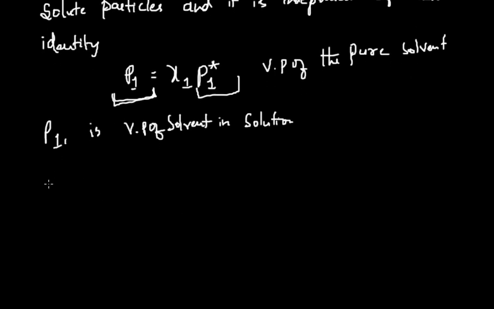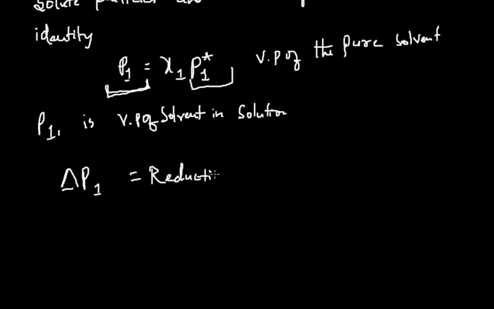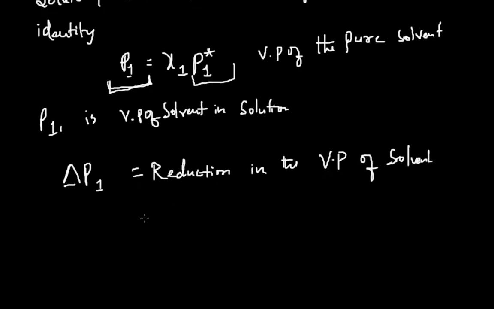Now if delta P1 represents the reduction in the vapor pressure of the solvent, then delta P1 is equal to P1 star minus P1.